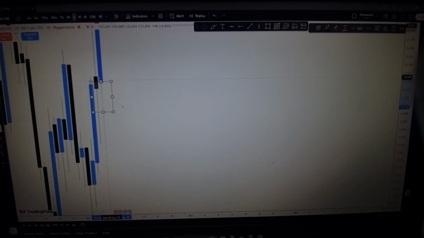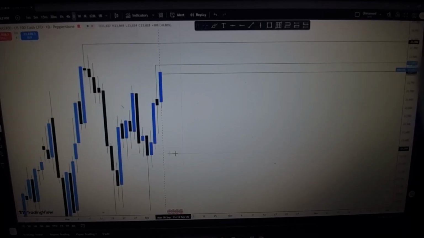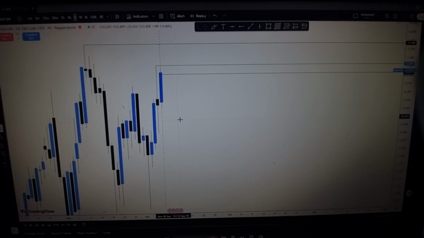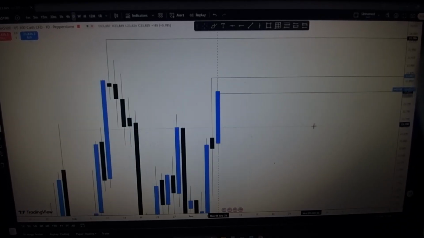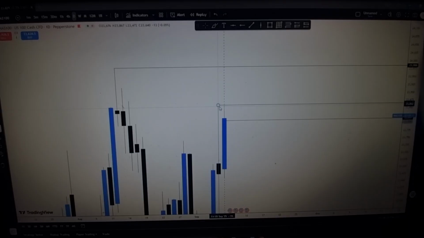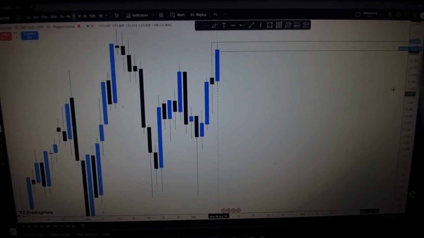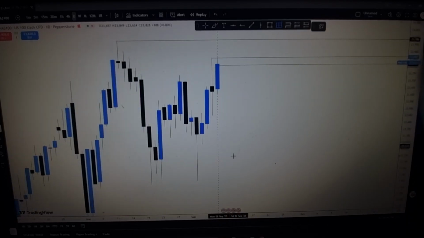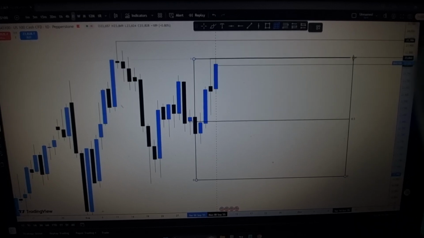Nope, I'm tripping. This daily gap. And I definitely think we can have a break above this so that we can potentially go higher. But if we don't, we're just gonna have a retracement down into probably EQ, which is this.